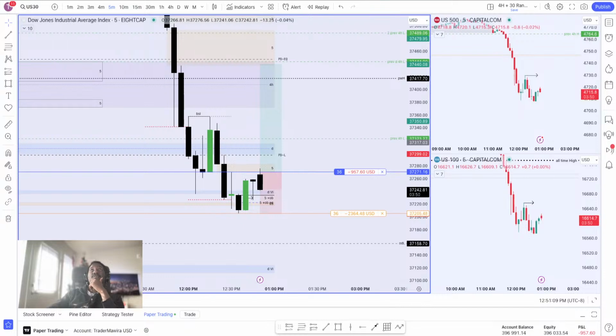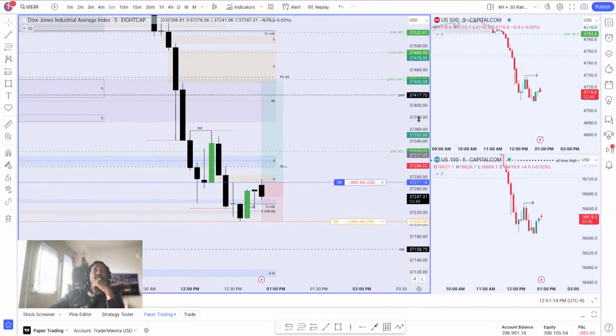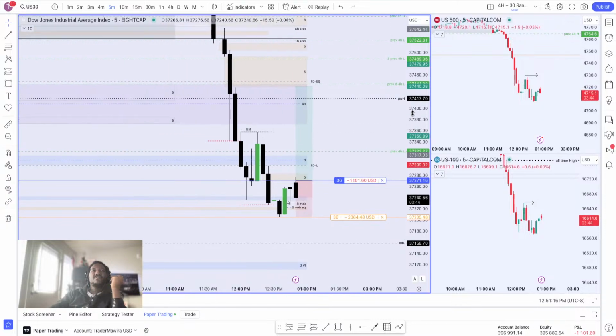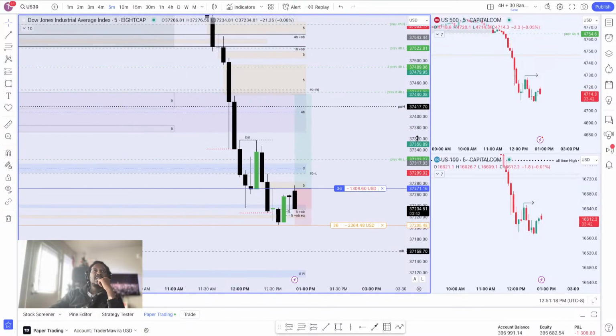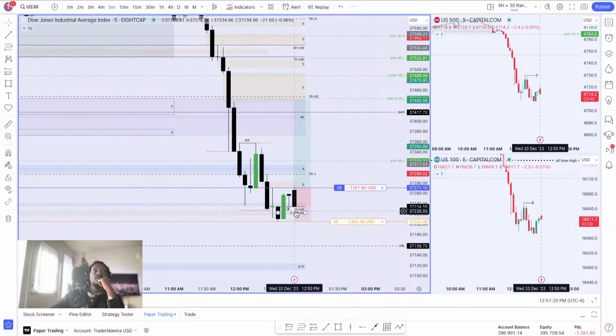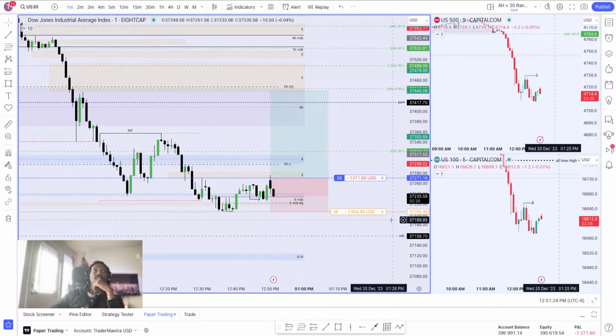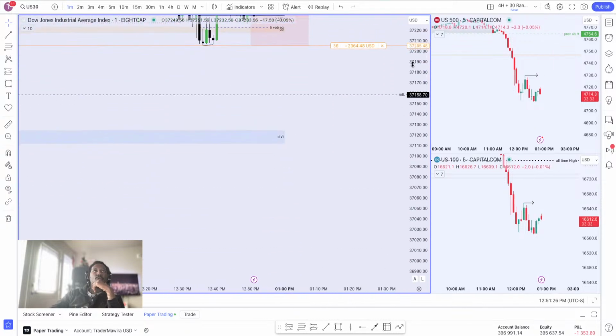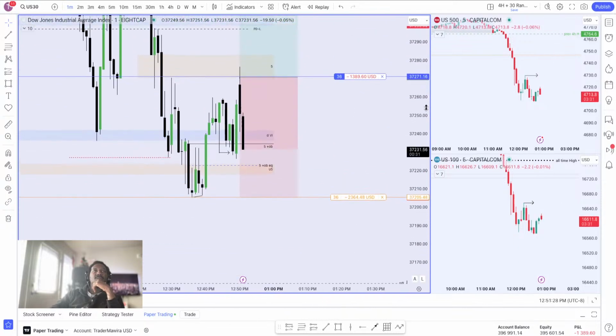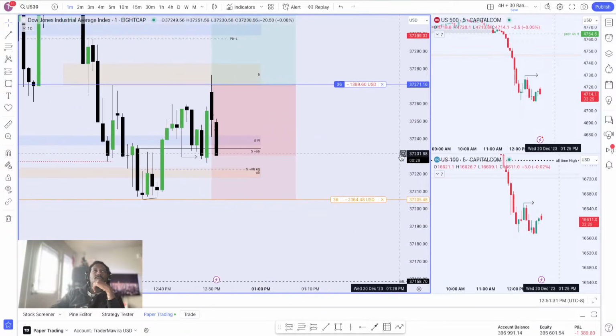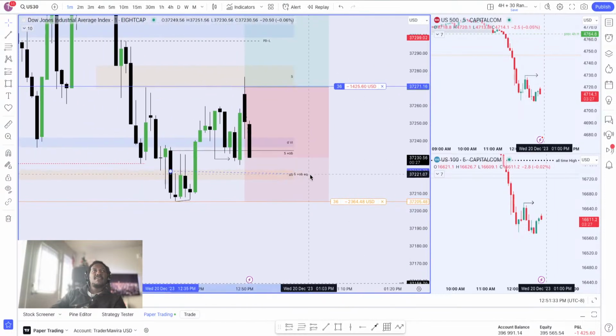Yo, it's now a few minutes to 10 to 1 p.m. So anytime from now, we should see that volatility kick in. The way we are trading downwards, it's not so good. As long as we can stay above this level, that would be nice.